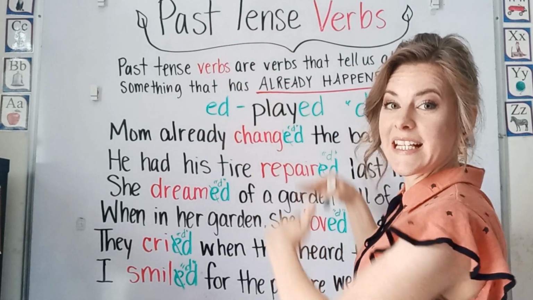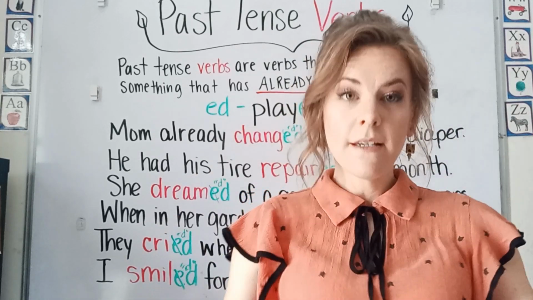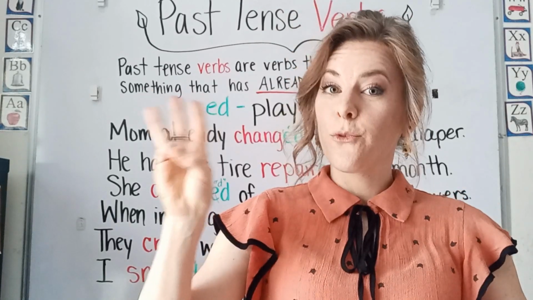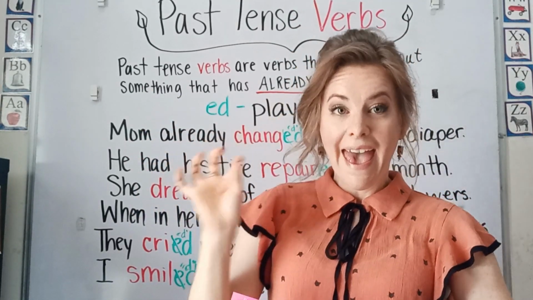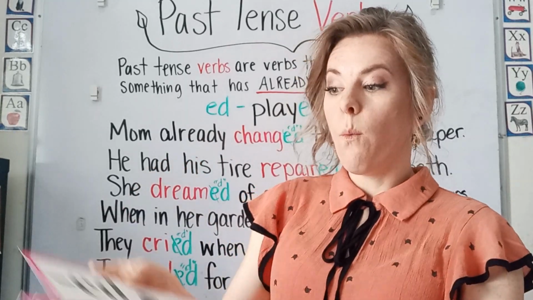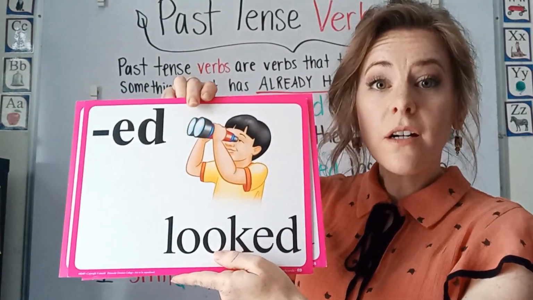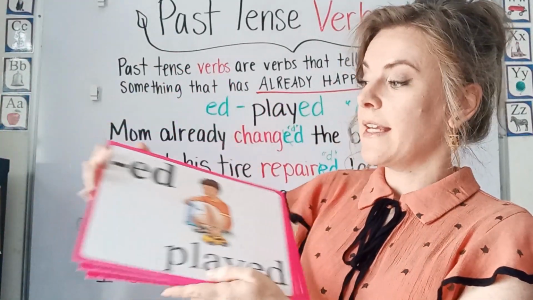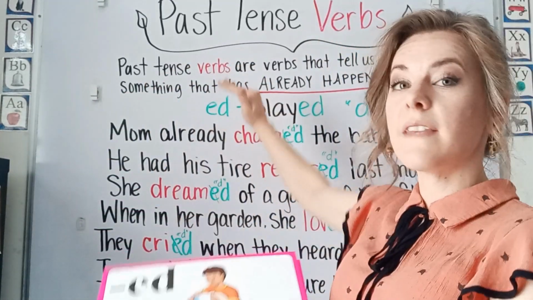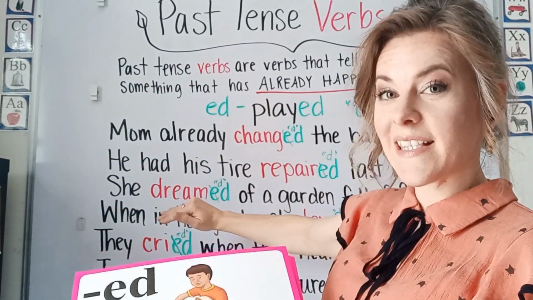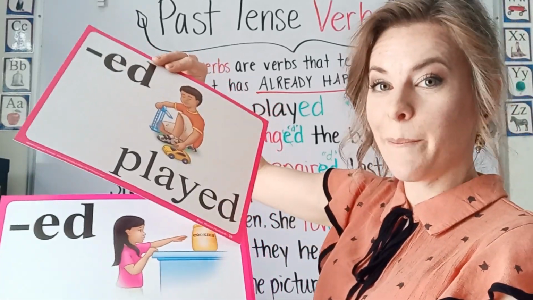But with this example, the ed makes the d sound, okay? Because there are three sounds that ed can make. It can make ed in wanted, it can make t in looked, or it can make d in played. And in this example, all of these verbs that we've changed to past tense sound like the d in played.